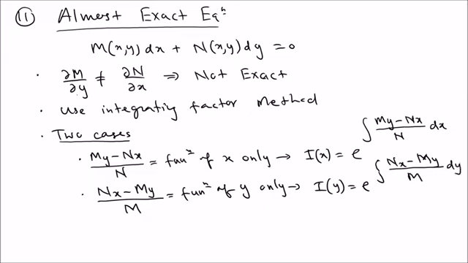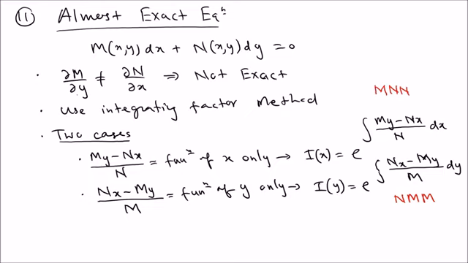Now how can you remember them? You can remember them like this: this one is M N N, and the other one is N M M. So that's the format, M N N or N M M.